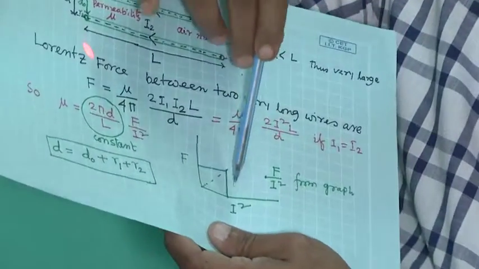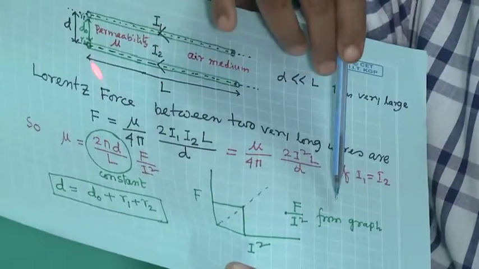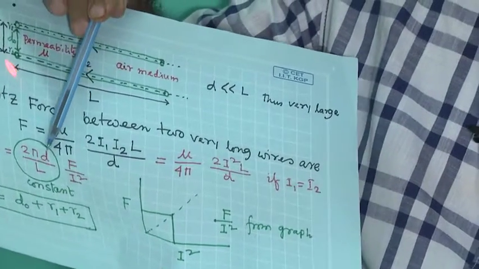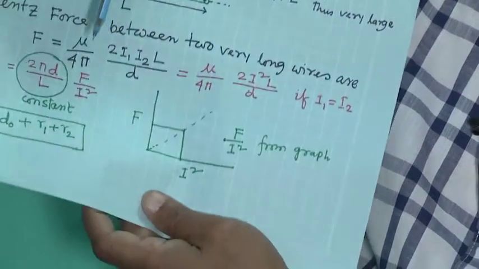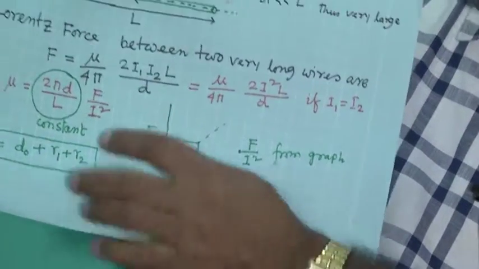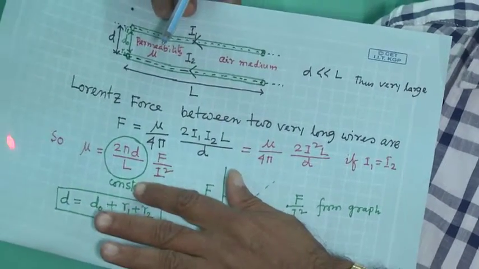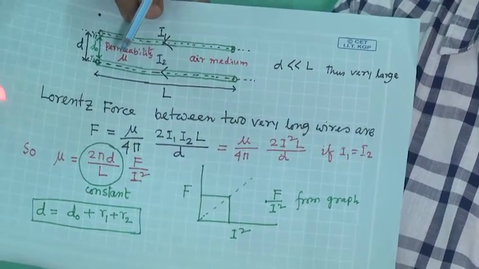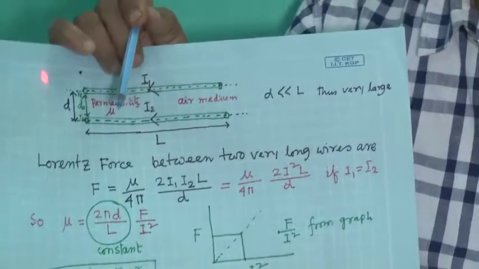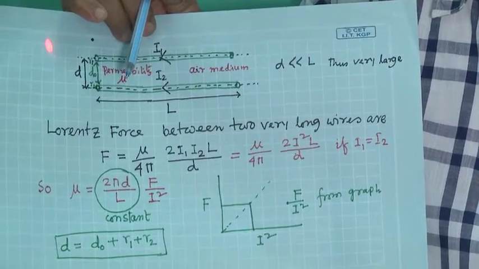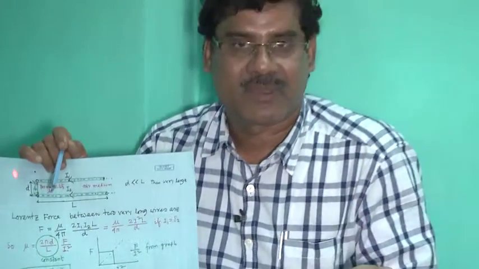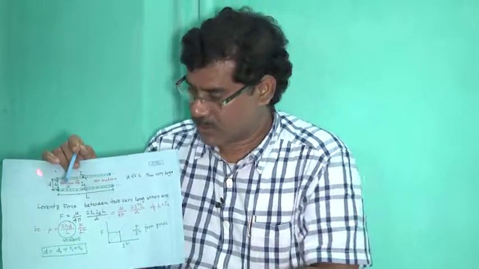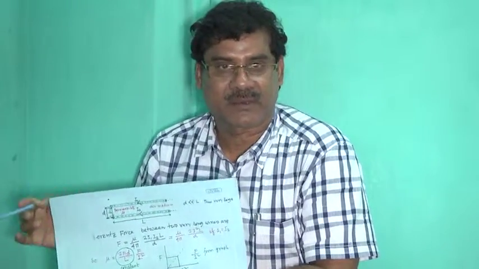From there I will find the slope and put it here, and D and L I have already measured, and then we will find out mu. So this is one nice experiment to find the permeability of air medium. I think I will stop here. Thank you.